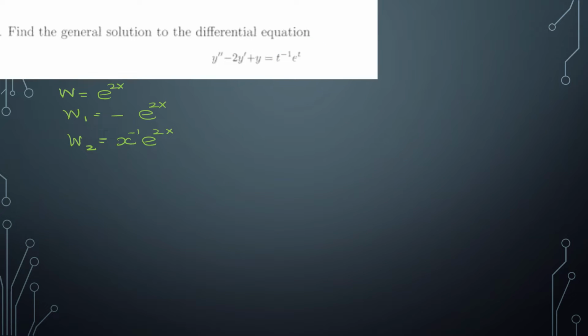So now we know that y particular is u1 y1 plus u2 y2.